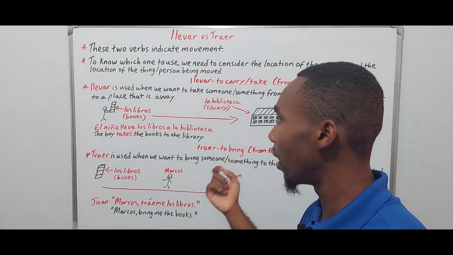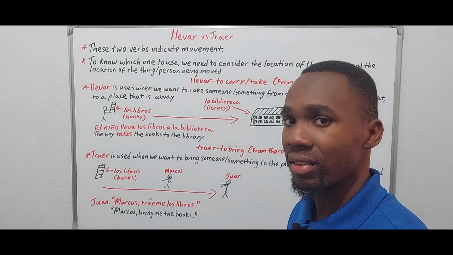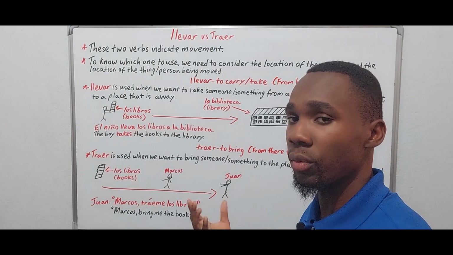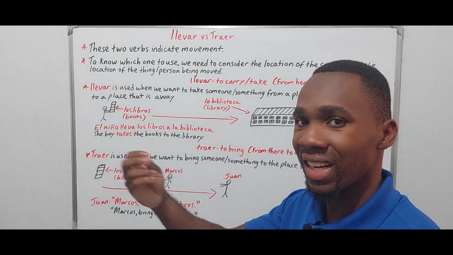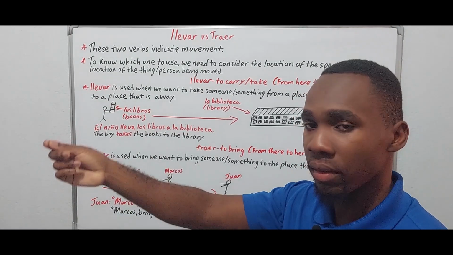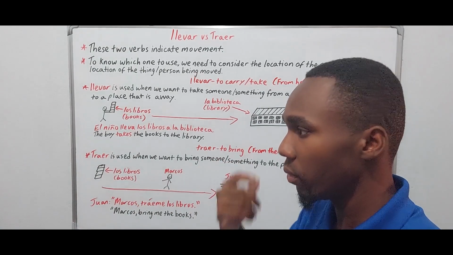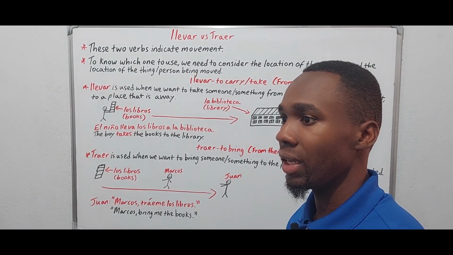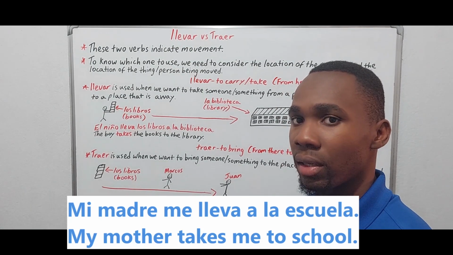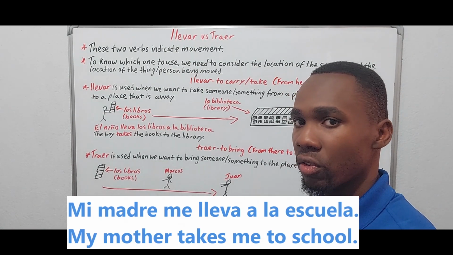So we use llevar when we want to transport something or someone, we could also use it with people, to a place that they are not currently at, a place that is away. Okay, so for example, mi madre me lleva a la escuela. My mother takes me to school.